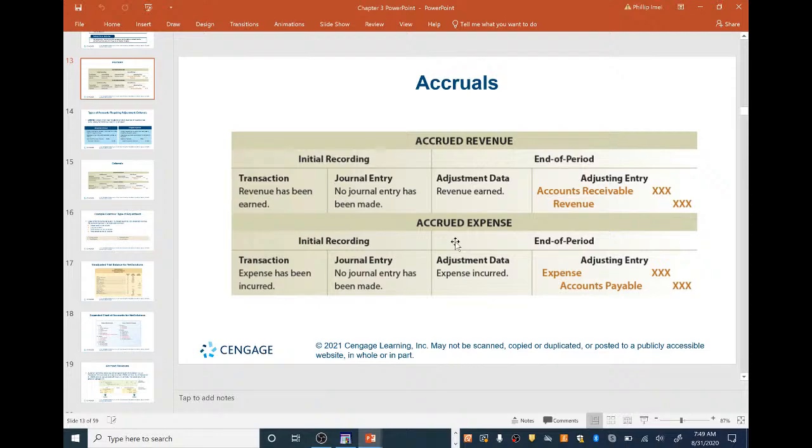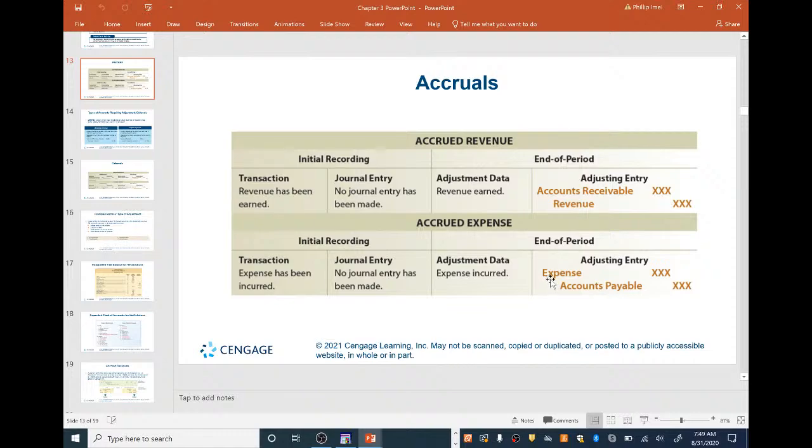So now at the end of the month, we need to say, okay, well, we've incurred an expense because we've had to get our electricity fixed in our building. So we want to debit the expense account. Okay, this is an income statement item. It's an expense. Expenses are debits. We want to increase the expense account. So we debit the expense for the amount that he charged us for the service that he provided for fixing our electricity in January.